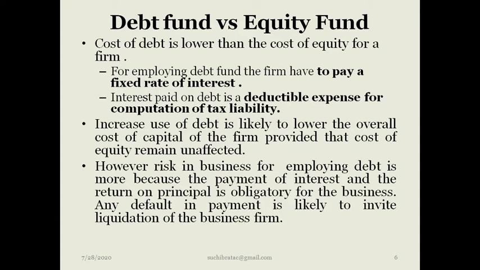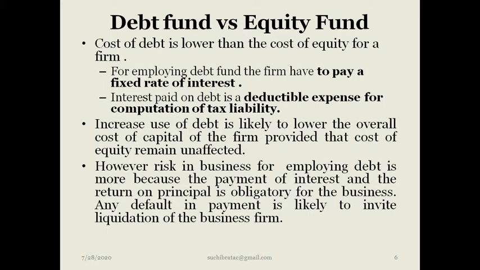Both the repayment of the principal amount and the interest, they have to pay. Any default in payment is likely to invite liquidation of the business firm. If the business firm is not able to make that payment, that is the repayment of principal or the interest, then that may be a cause for liquidation of the business firm. Now what is liquidation? Liquidation means the business firm is going to dissolve.